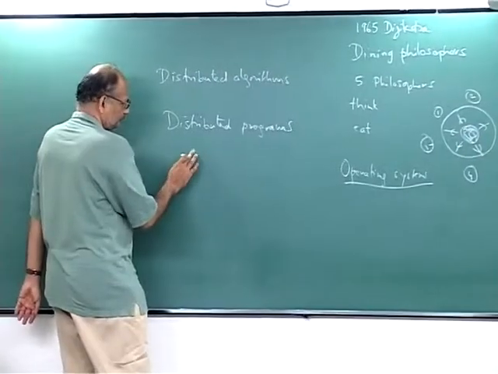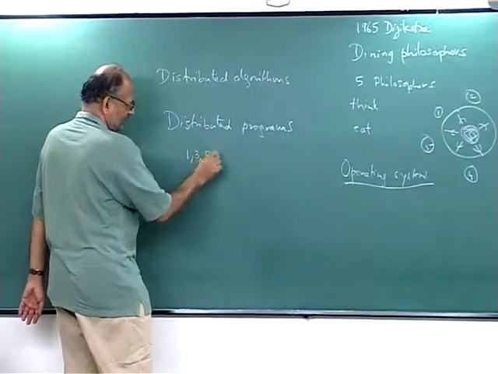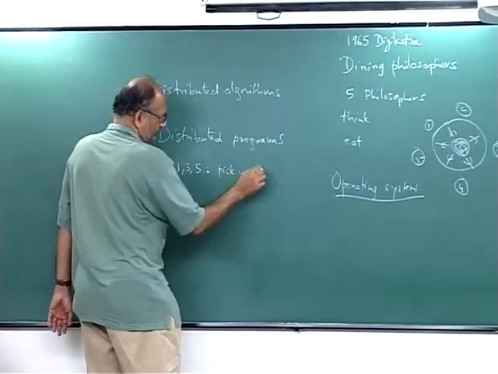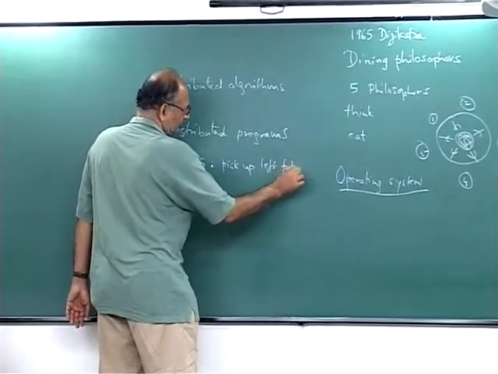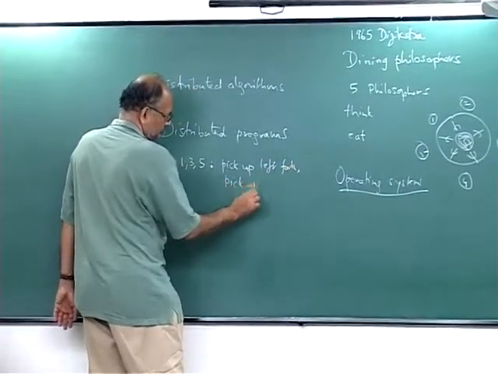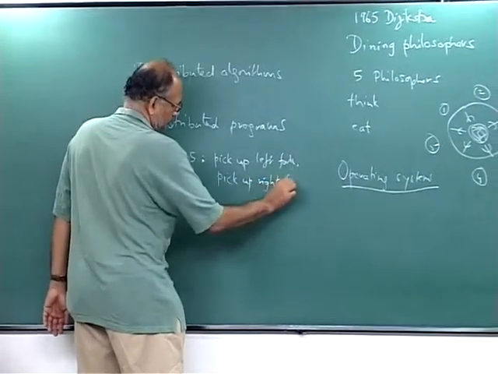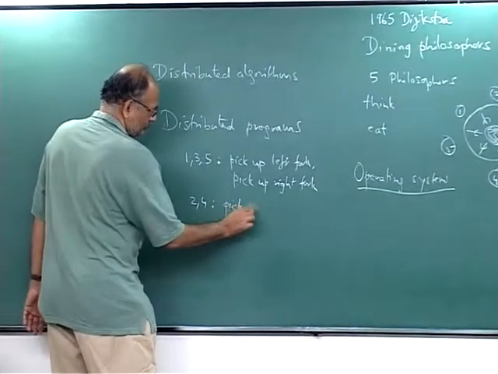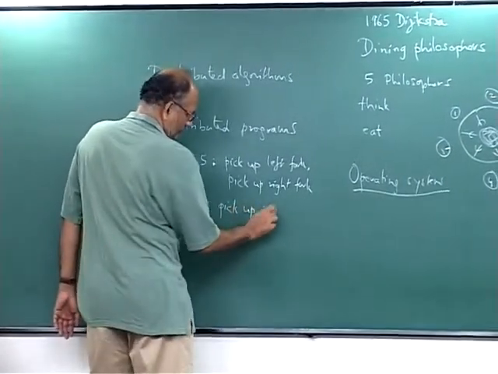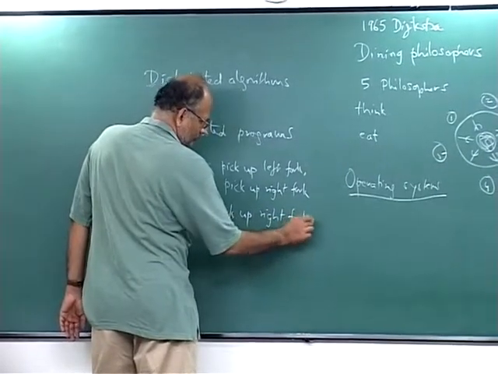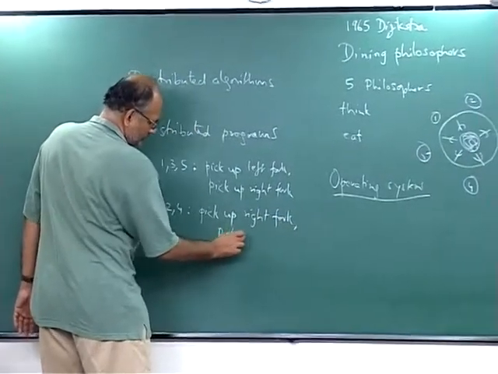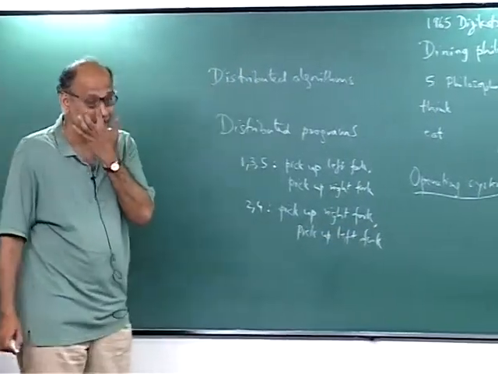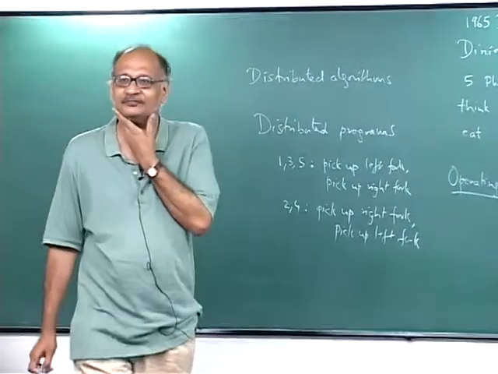So you are saying for philosopher 1, 3, and 5, pick up left fork, okay. And why is this deadlock free?